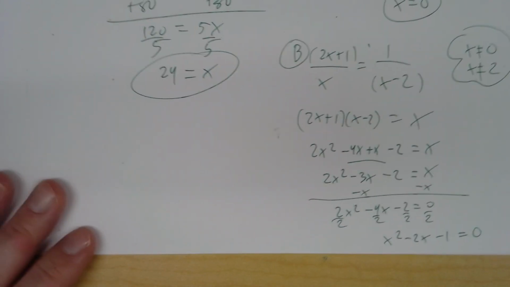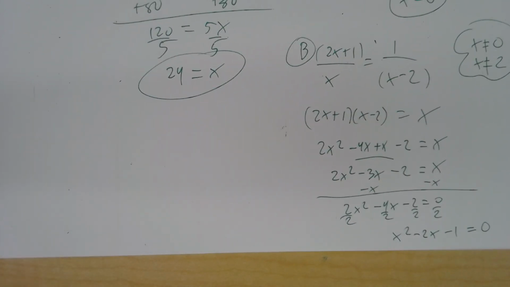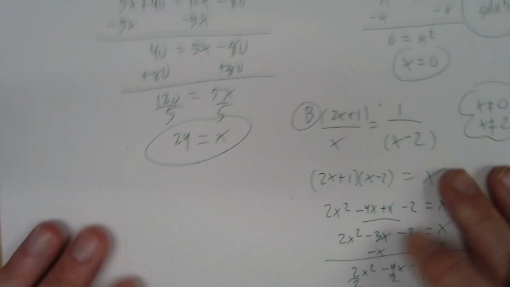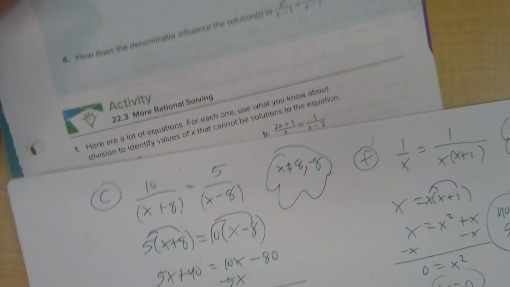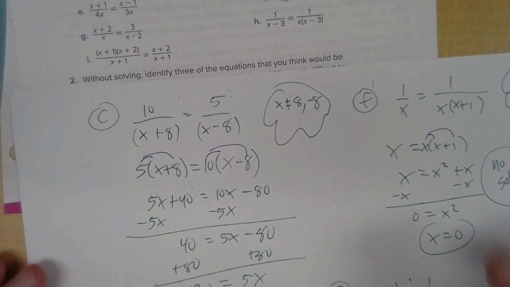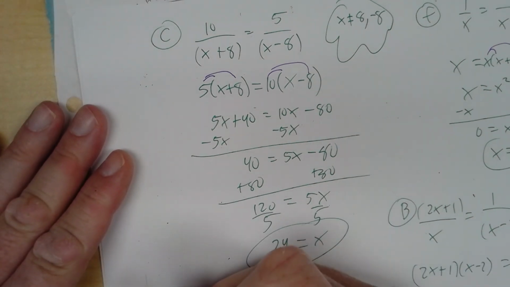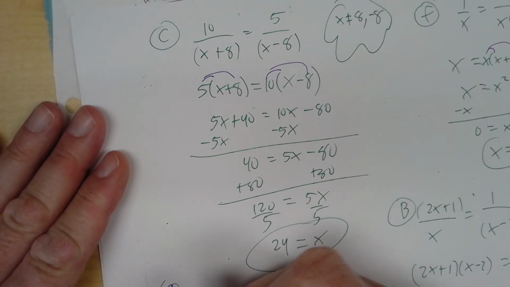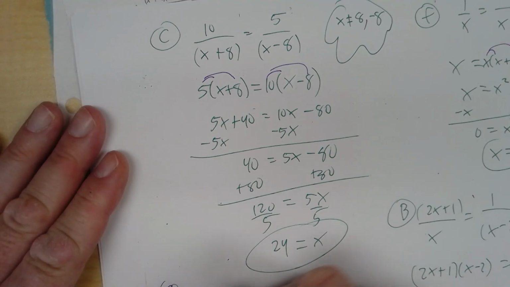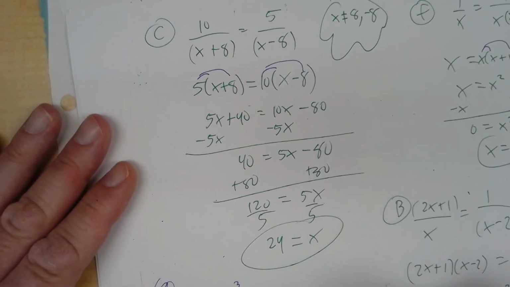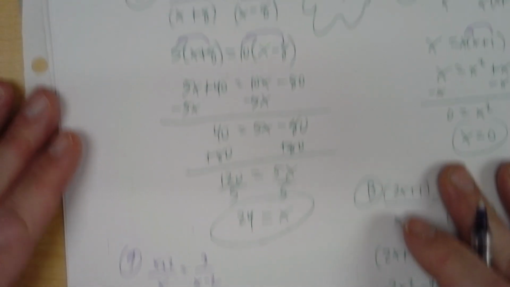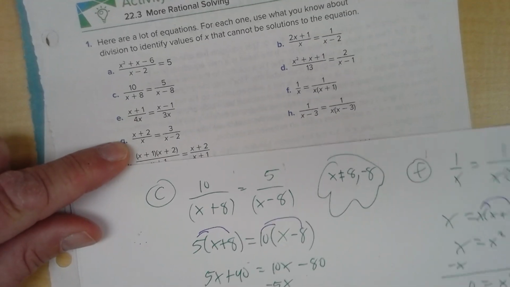All right, so let's do another one to clean our palette from that mess. Let's try G, see if that's better. G would be x plus 2 over x is equal to 3 over x minus 2. All right, let's try this one and see if it works out better. So this is G right here.